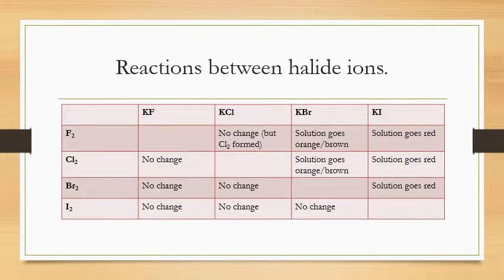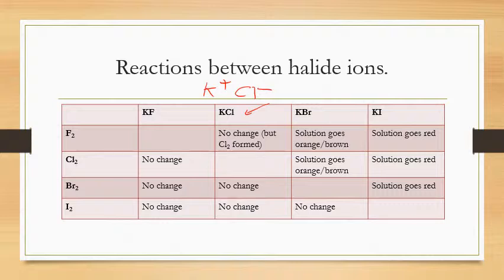So an important way we can see how reactive these elements are is through their reaction with the halide ions. Okay. So what happens is that basically if you react the element with a corresponding ion, so in this case this would be chloride, okay, because it's made of potassium ions and chloride ions, you can see there's no change.